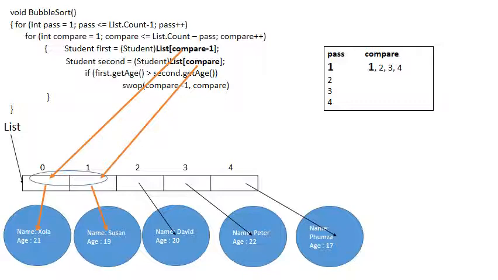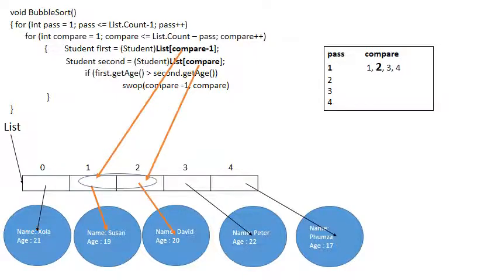So when we're in the first pass, the first comparison, we'll be comparing the element at position 0, compare minus 1, and the element at position 1, compare. So when the inner for loop moves on and compare now takes on the value 2, you'll see on the right hand side, compare minus 1 is 1 and compare is 2. So the second comparison in the first pass would be between elements 1 and 2.